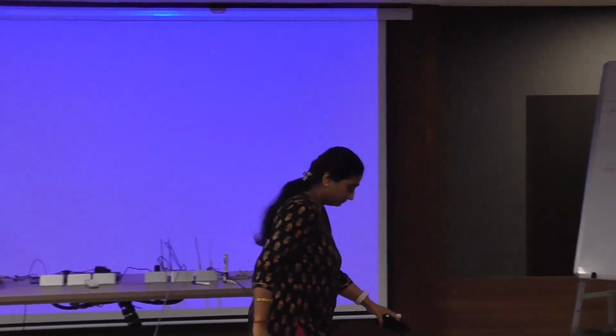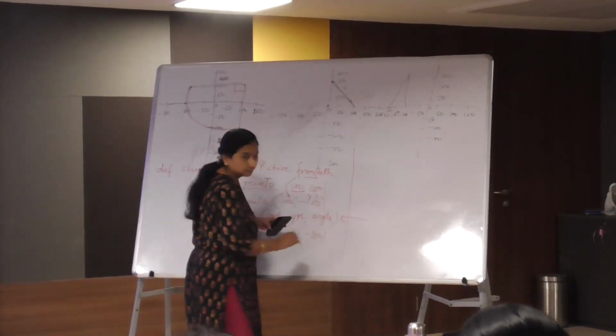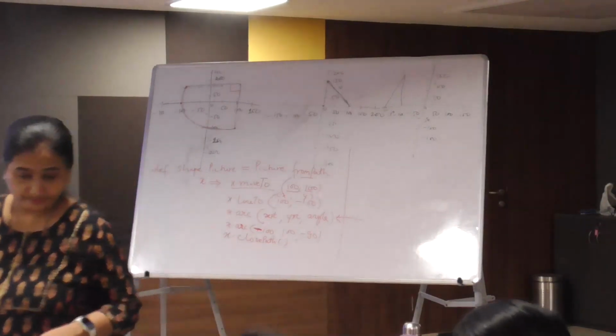Is everyone getting the curve? Yes. Any doubts here? Okay, so if the first one is here, just explain why that minus 100 for x are.